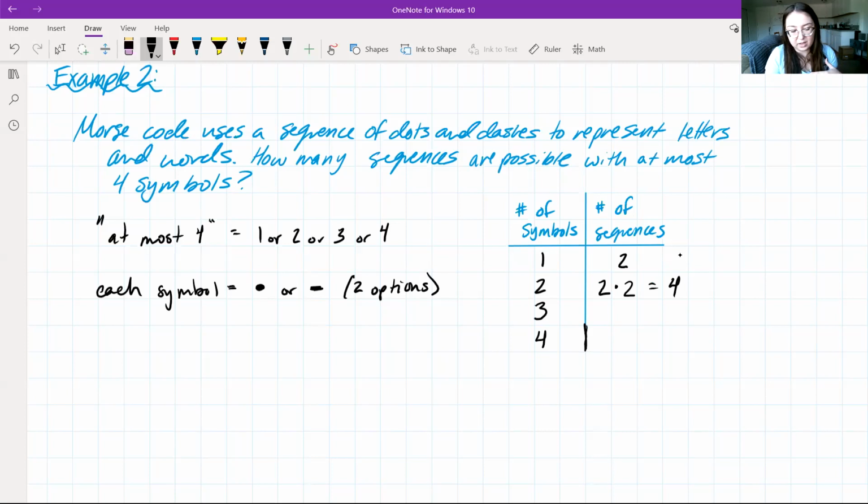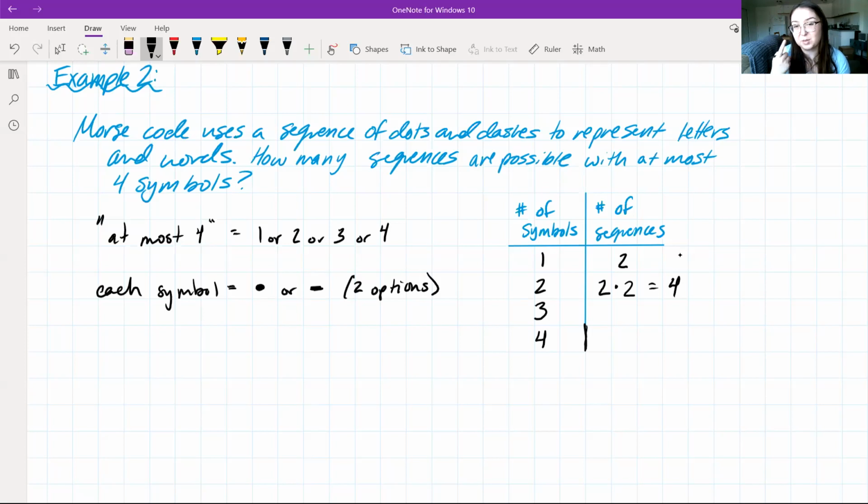Now, if we want to think about each symbol, dot or dash, for the number of 3 symbols, this is going to make it more difficult, because for our original 2 options, we will have another 2 options for each, and then for each of those options, we'll have another 2.